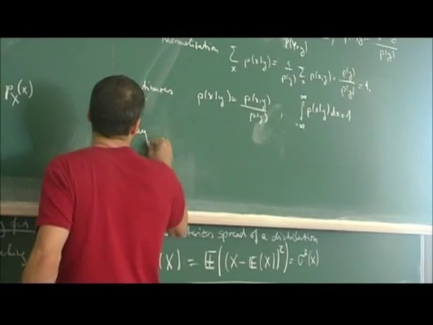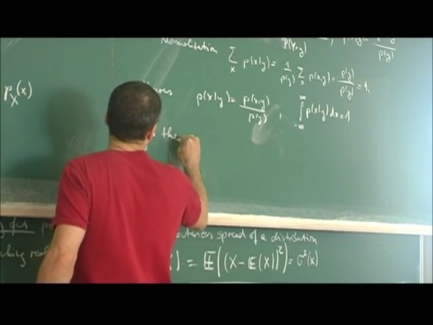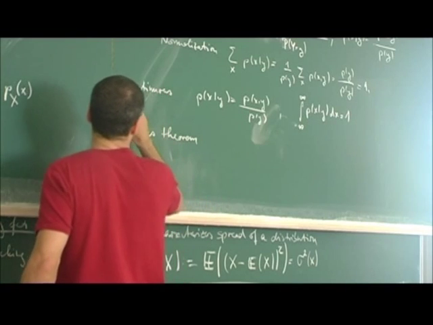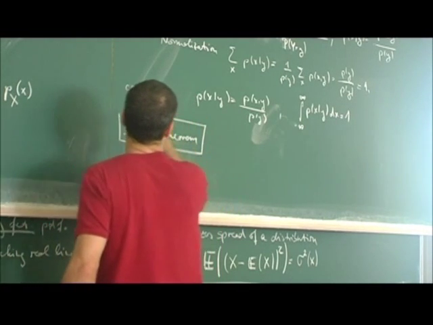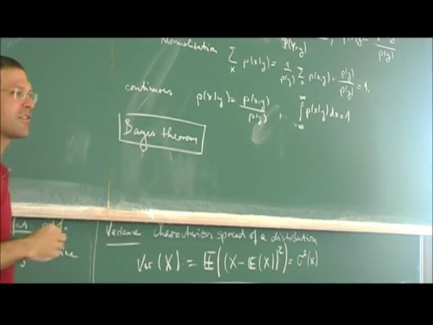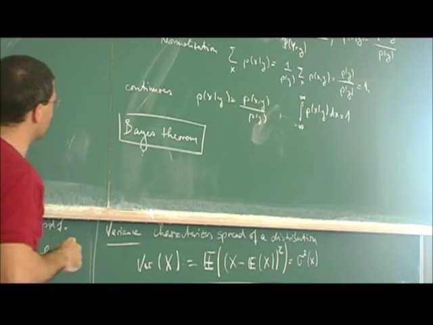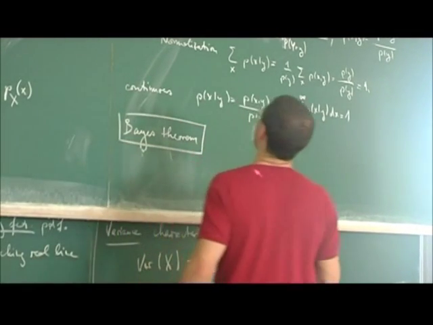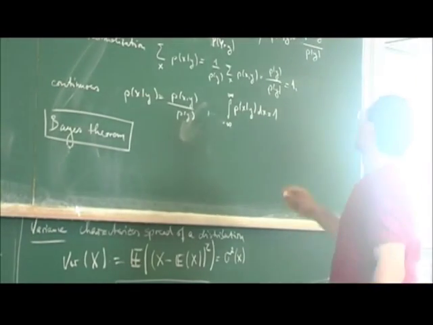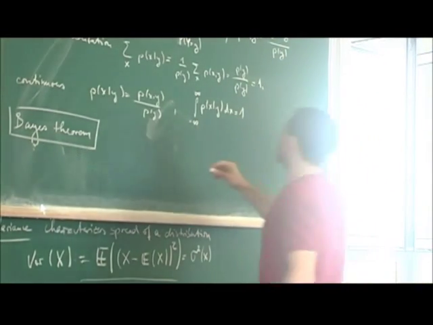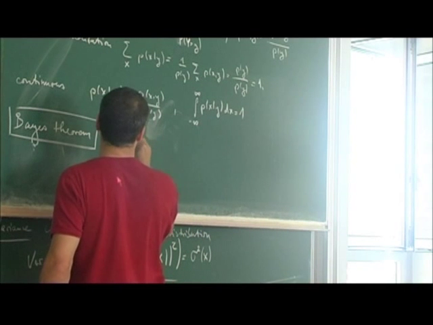Okay, and that finally permits us to formulate Bayes' theorem. The first time I put a box on this board, because this is important. We can write the joint in two ways.